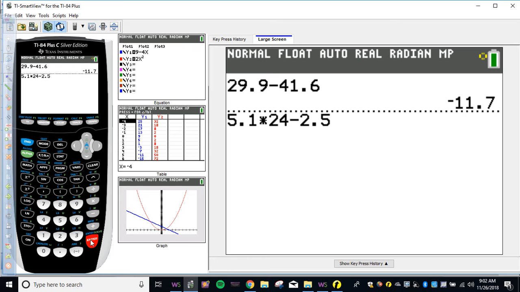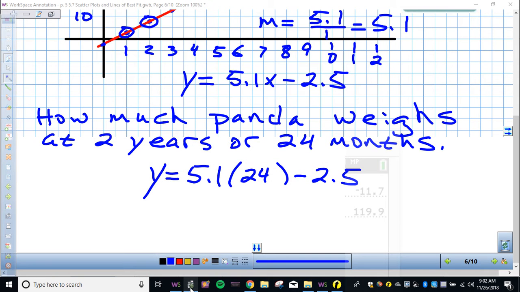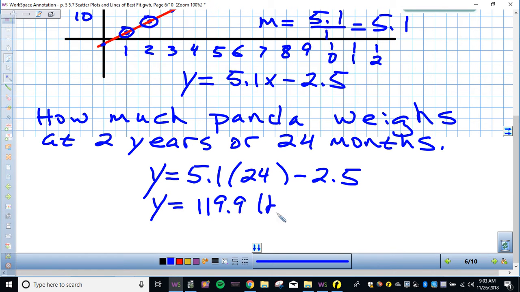The panda should weigh 119.9 pounds after 2 years. So like 4 times the weight of a human. Okay? That's all we got.